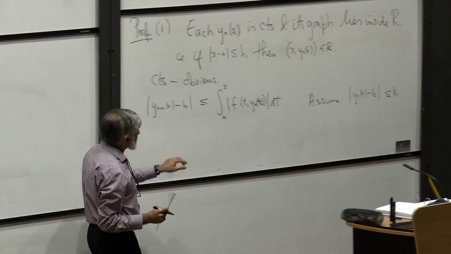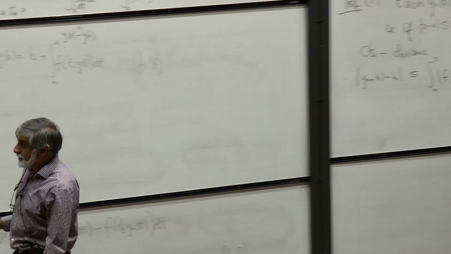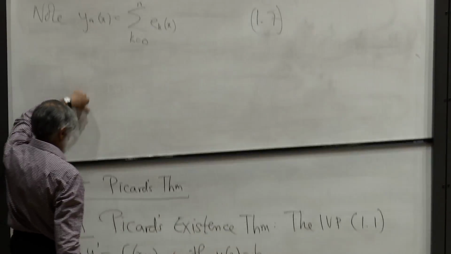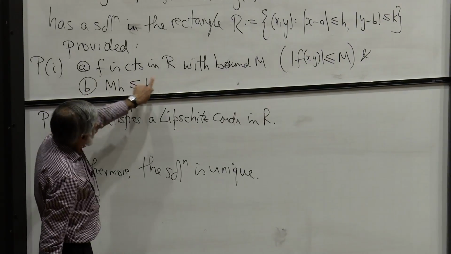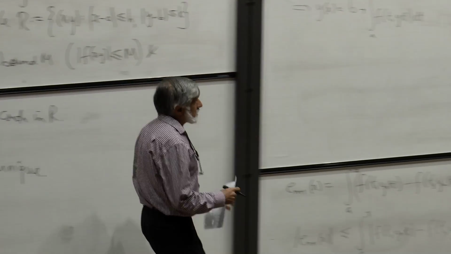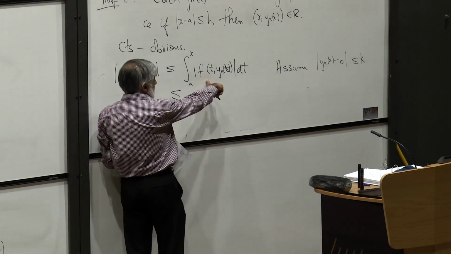Then that means f is a function that lies in R, and therefore is bounded by m. So this is bounded by m.